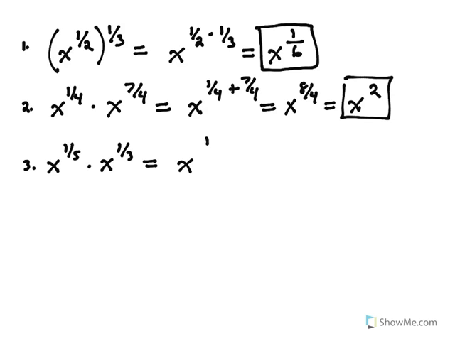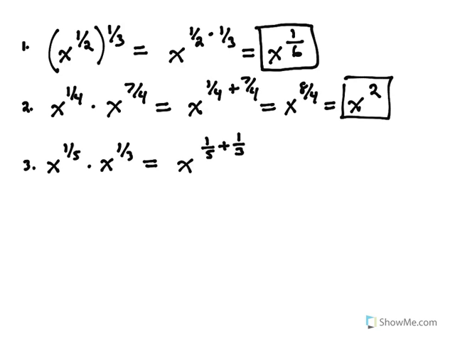That means you're going to take 1/5 and then you're going to add 1/3. So as a little footnote, when you have fractions with different denominators, you're going to have to find a common denominator. So the common denominator between 5 and 3 would in fact be 15. Okay?